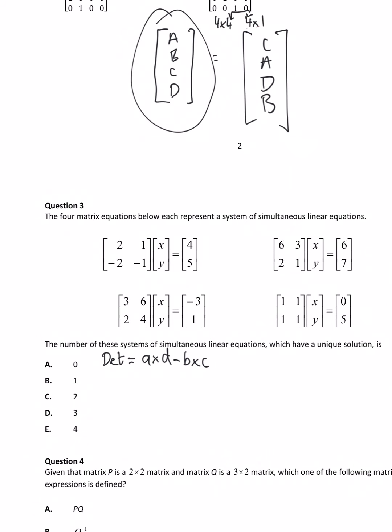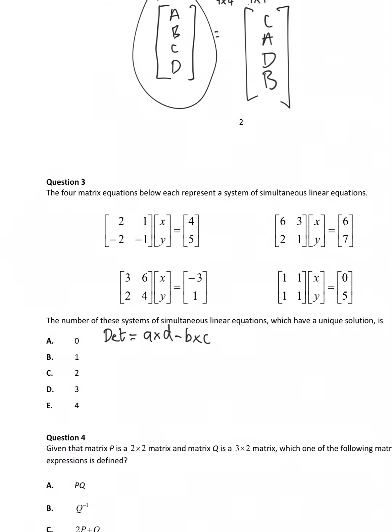So we're going to find the determinant of each of these matrices to find out how many have a solution. The first one, I'll just highlight. You use the numbers in the 2 by 2 matrix. Our A is 2. Our D is the bottom right number, -1.